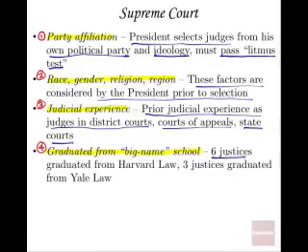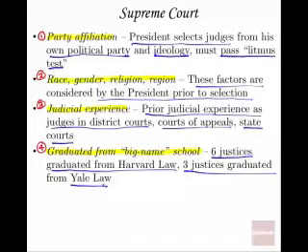What's interesting is that on the current court, there's 6 justices that have graduated from Harvard Law, and the other 3 graduated from Yale Law, which I'm sure would be a great selling point for both of these schools, Harvard and Yale. And so it's not impossible for a Supreme Court justice to have graduated from a lower tiered school, but again, it hasn't happened.